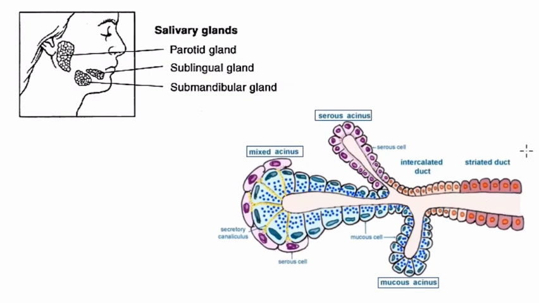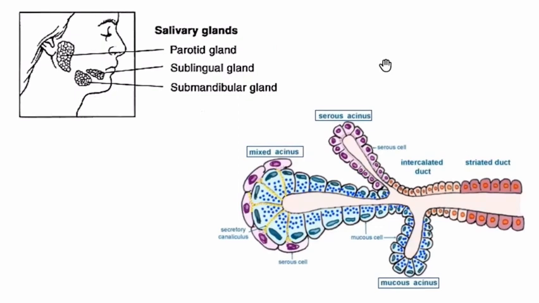In addition to the minor glands scattered throughout the oral cavity, we have the three pairs that we will talk about. In humans, the minor salivary glands produce only 10% of the total volume of saliva, while the rest is from the major glands. About 70% of the minor salivary gland secretion is mucus.